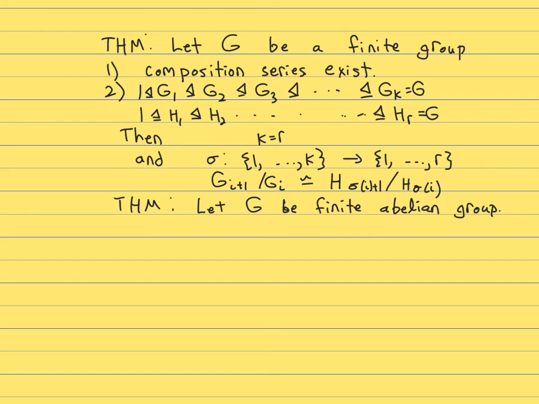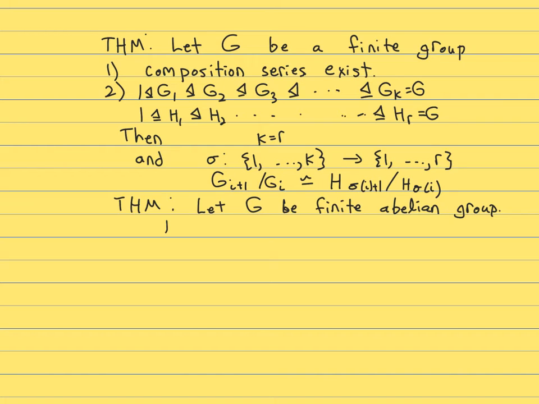Suppose you have a finite abelian group, then it decomposes. According to this theorem, it decomposes into quotients, but you can actually prove that these quotients in that case have to be simple groups that are abelian. Just think about it.